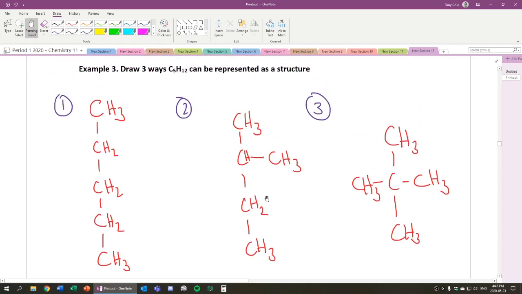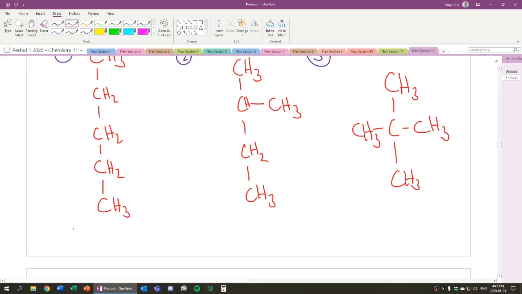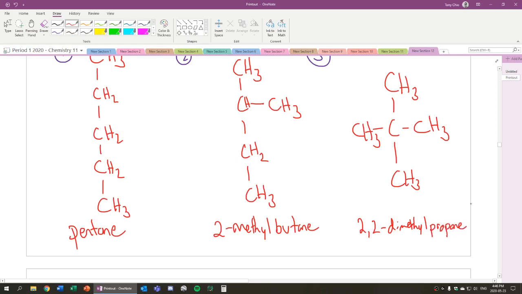But each of their names are different, because this one will be called pentane. This one will be called 2-methyl, okay, because it's on the second carbon, 2-methylbutane. And this one right here will be called 2,2-dimethylpropane, which actually has another name.